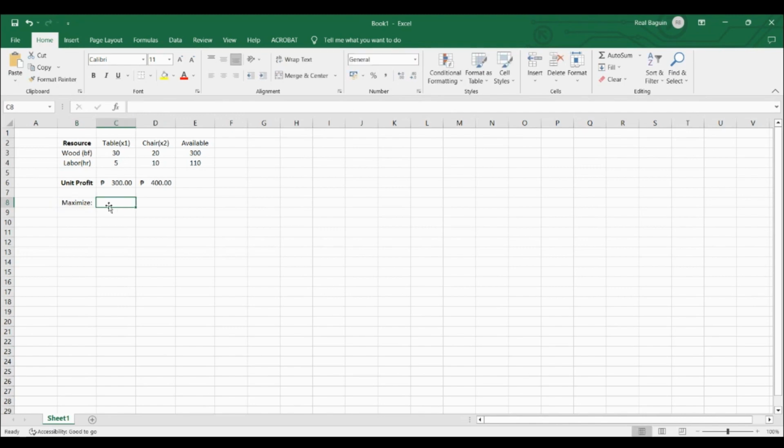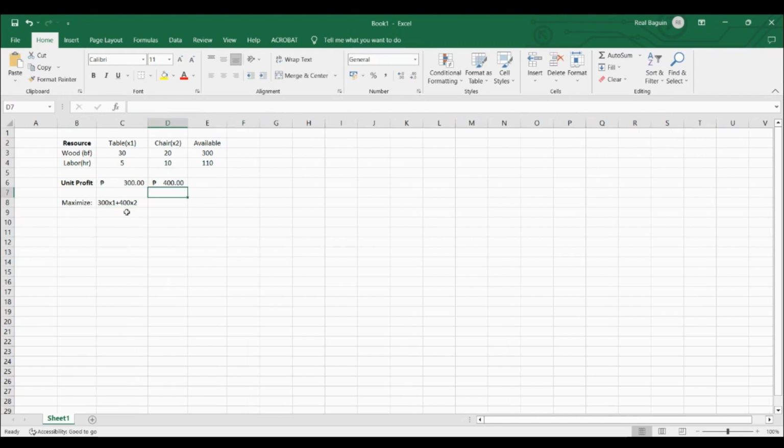So we could have a function of 300 x sub 1 plus 400 x sub 2. Basically that is our objective function, and that is subject to the following constraints.